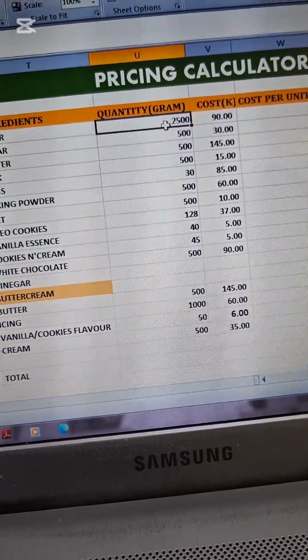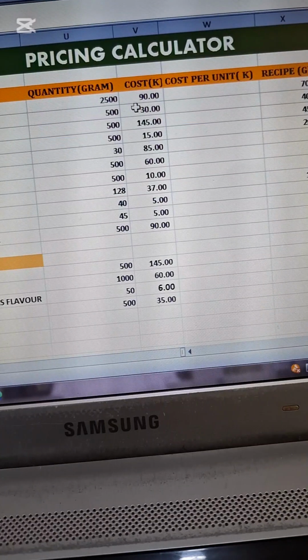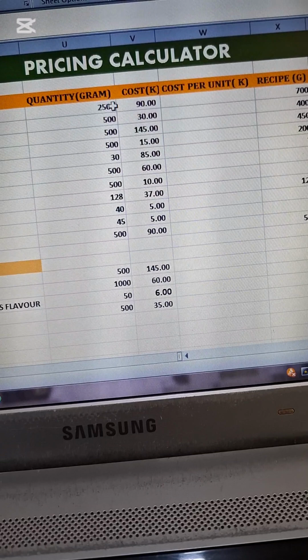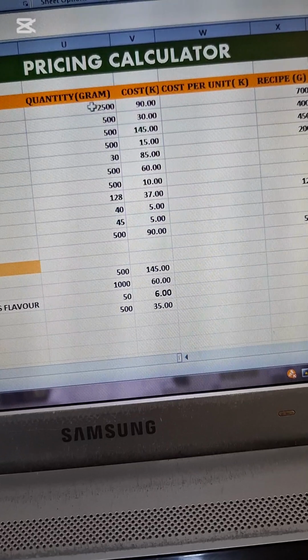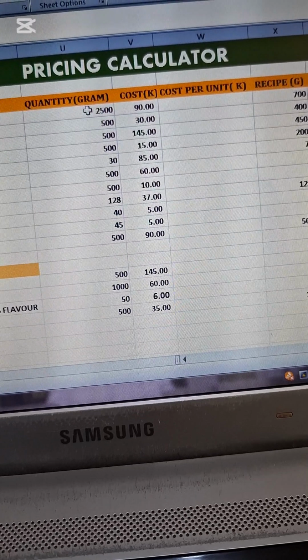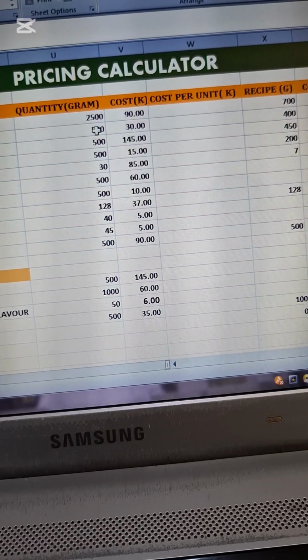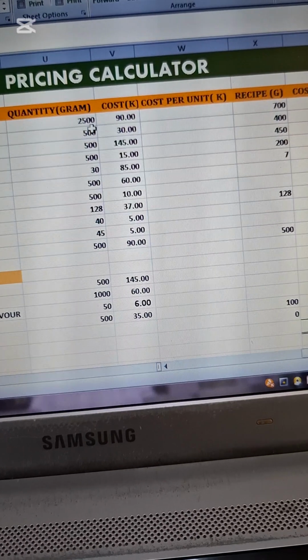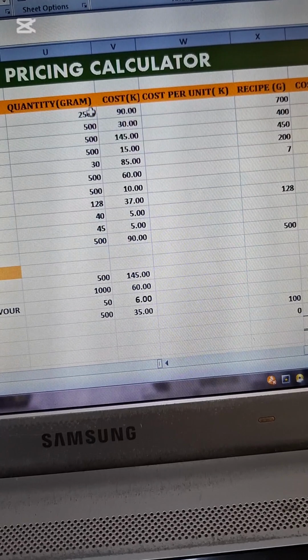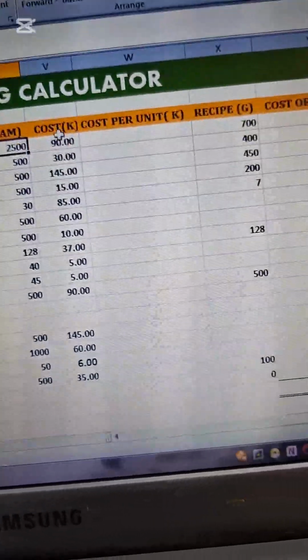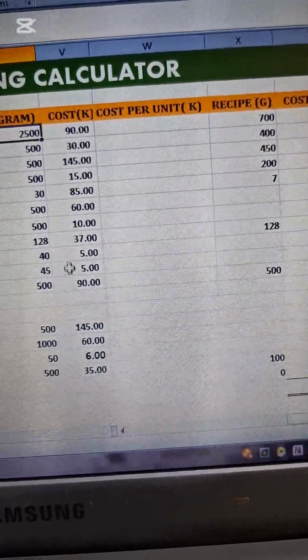In this next column, I have quantity in grams. This is the item weight for each ingredient found at the store, and this is exactly how it was purchased. In this other column, I have the cost price.